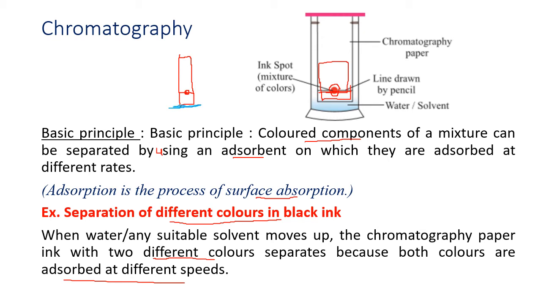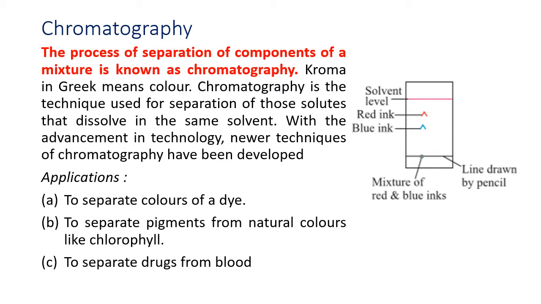Look, the ink drop is not touching the water. The surface of the paper is touching the water. And what will you observe? See this observation. When the adsorption starts, the solvent level reaches here, but the red ink is higher because it is adsorbed faster, and the blue ink is lower because it is adsorbed slower.